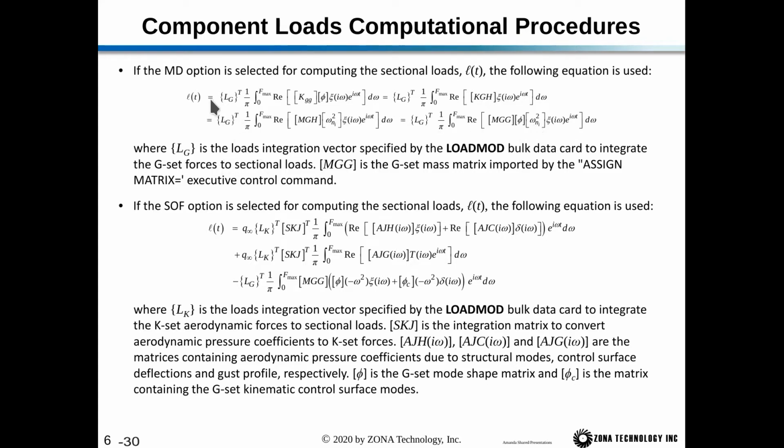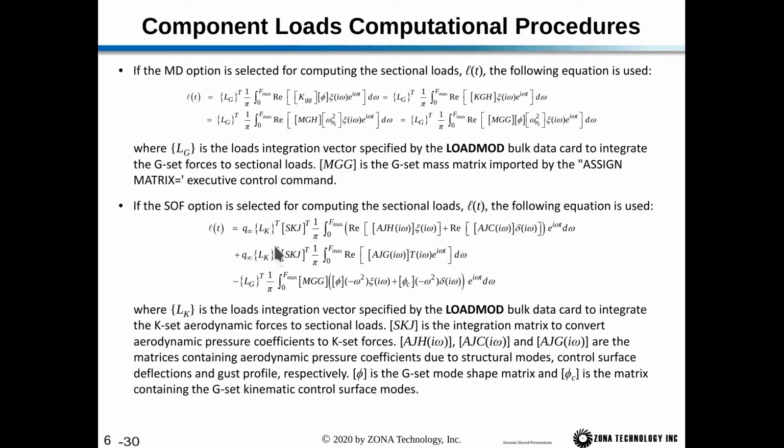Now Lg, shown here, is the loads integration vector specified by the LOADMOD card from the SET1 card to define the grids. So this integrates the G-set forces to the sectional loads. Now for the SOF option, we do an integration on the aerodynamic boxes.